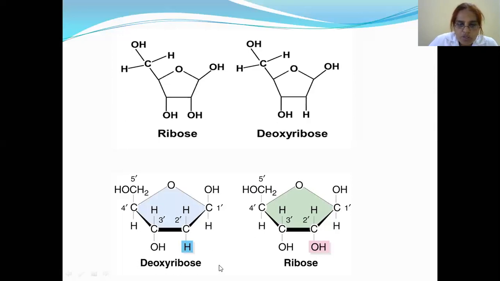Here it is deoxyribose. The meaning itself is deoxy: de means lack of an oxygen molecule. So deoxy means the lack of one oxygen molecule, known as deoxyribose. Here it is 1, 2, 3 and 4. At the second carbon, one oxygen is lacking.